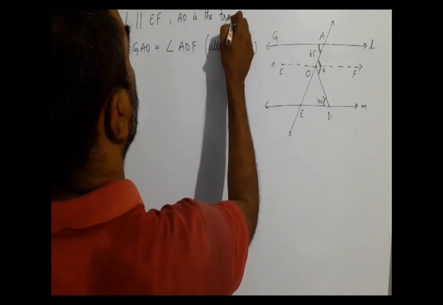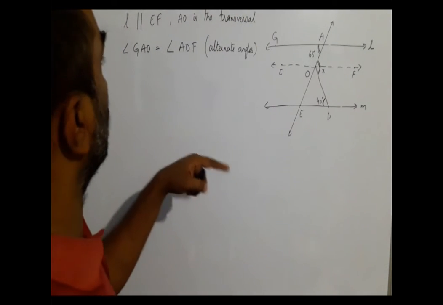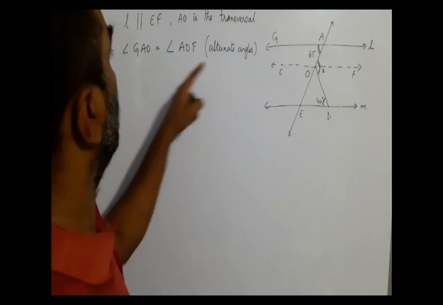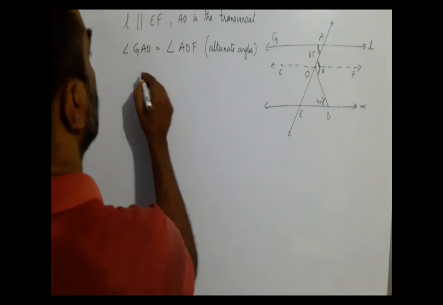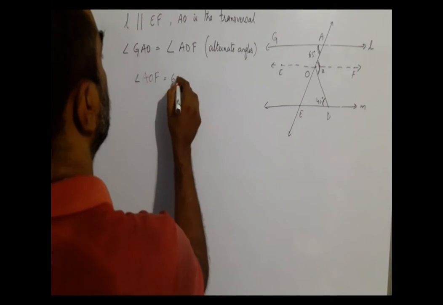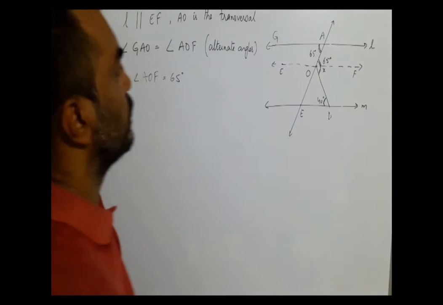It is very important to keep mentioning which are the parallel lines and which is the transversal. Now GAO is given as 65, so angle AOF equals 65 degrees.